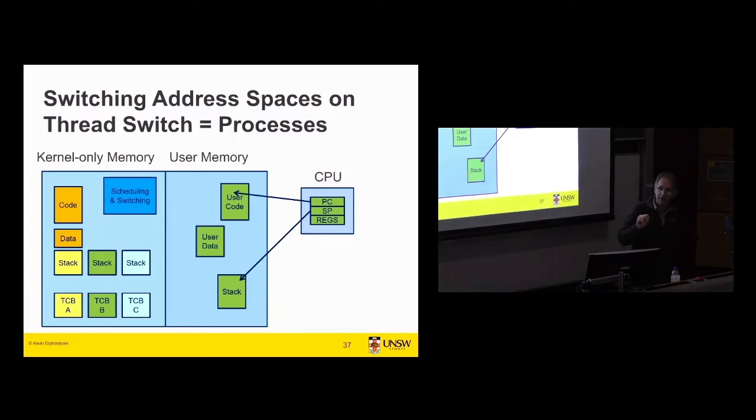You've got to actually change the idea of what the application address space looks like to go from the yellow thread A to the green thread B. Okay? So any queries at this point? Okay. So that should be a very familiar model to you based on the practical work that we did last term.